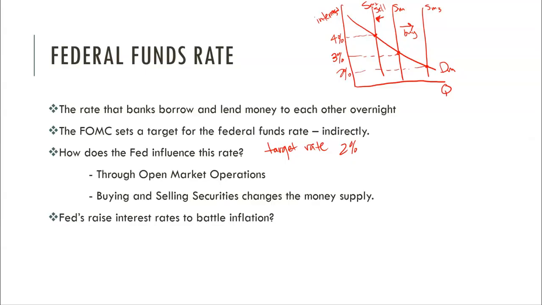So in 2022, 2023, the Fed decided they needed to raise interest rates to battle inflation. Inflation got up to 8%, started going down, but stayed at 6% for a while. And they said, okay, we just need to keep raising that target interest rate until inflation goes down. But it's sort of a guessing game, right?